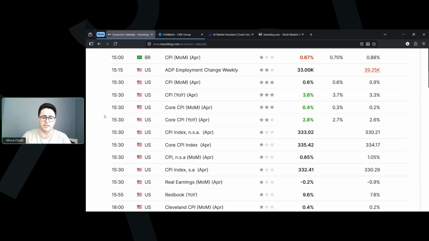That's why you can see that core inflation in the United States increased by 2.8%, while the headline inflation is increasing by 3.8%. So generally, looking at the numbers, you can tell that the U.S. headline and core inflation are again high, showing us that we should be really worried about the U.S. inflation situation and condition.